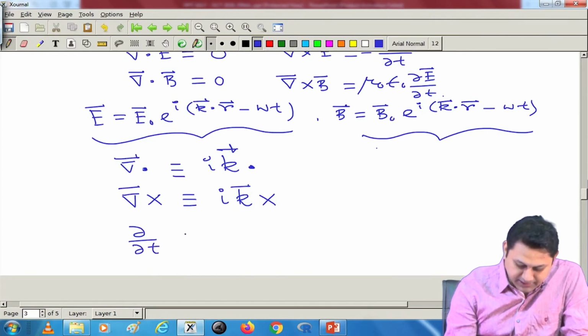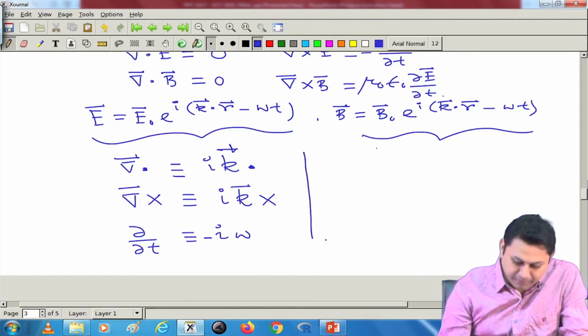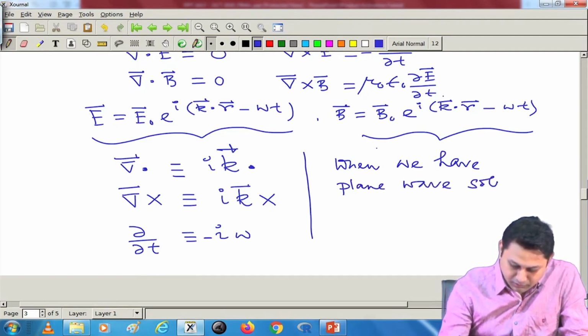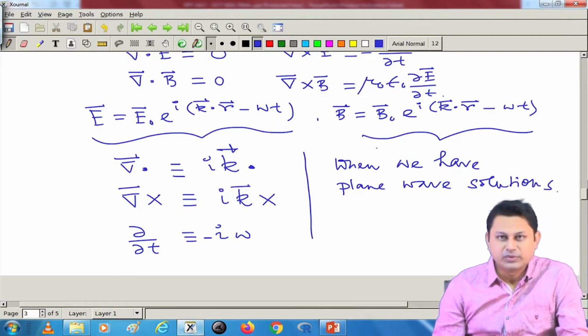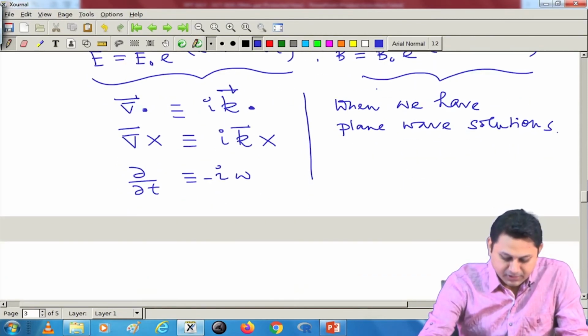If I operate del t, then it is equivalent to multiplying by minus i omega, and these three things can happen when we have plane wave solutions. When we have plane wave solutions, then these things will be valid.